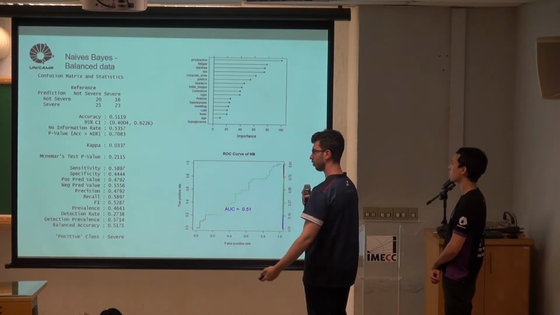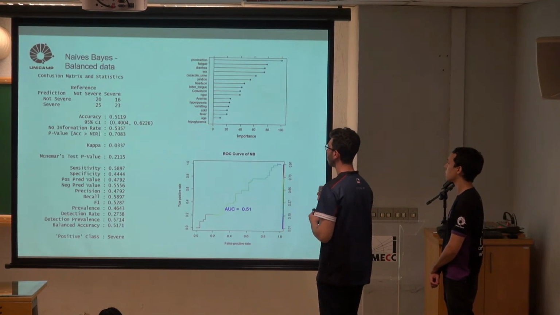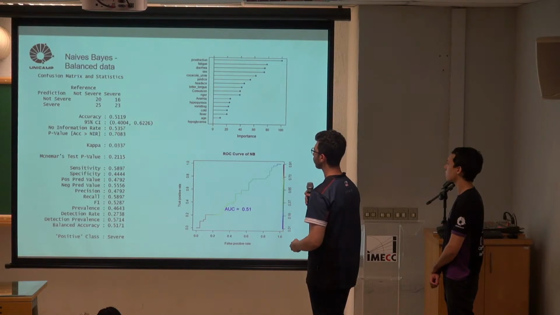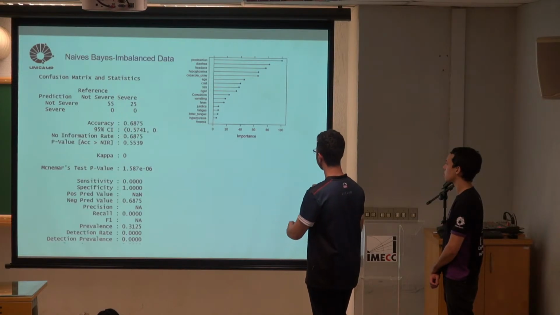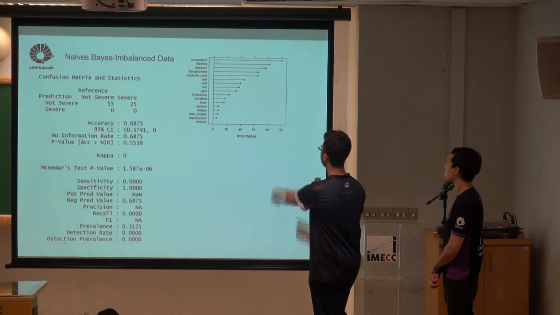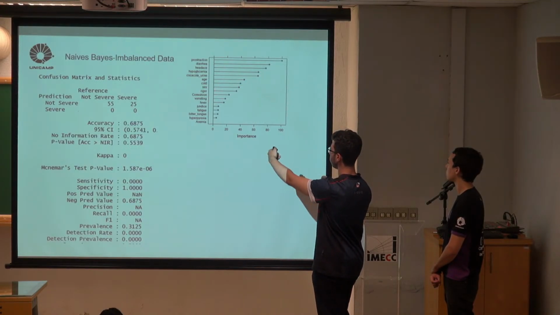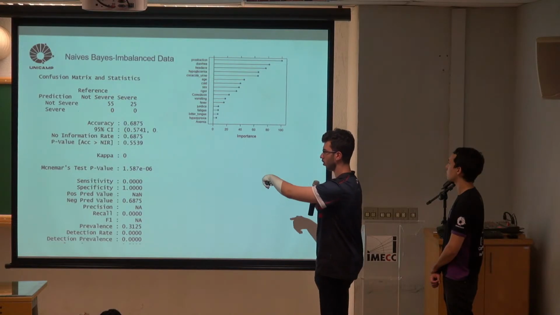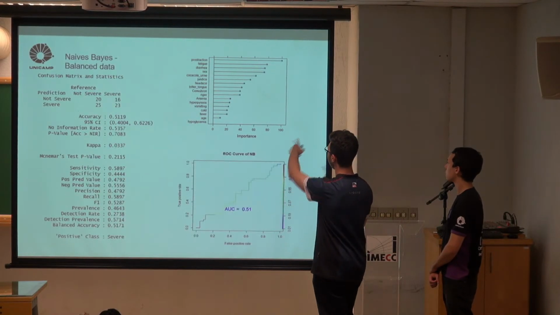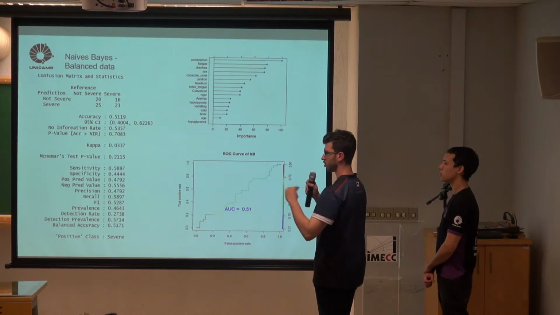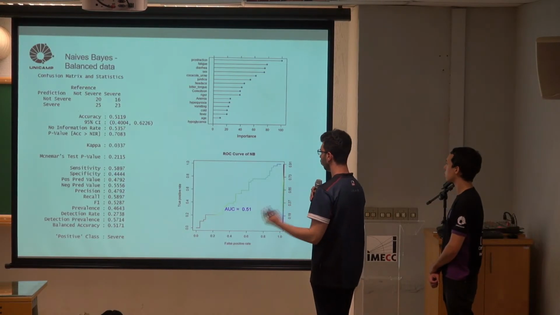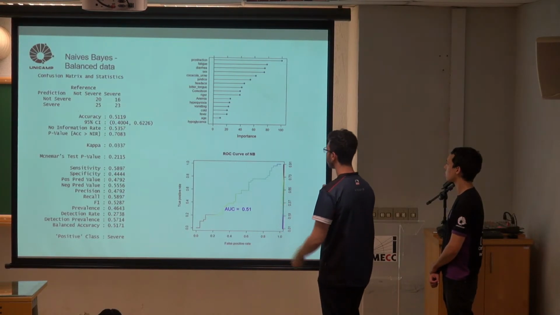Sensitivity, it's 0.5, and shows that it was a good prediction. Some of the importance stays in the same position, like prostration. It was equally important for imbalanced and balanced data, with just a small difference between one and another.